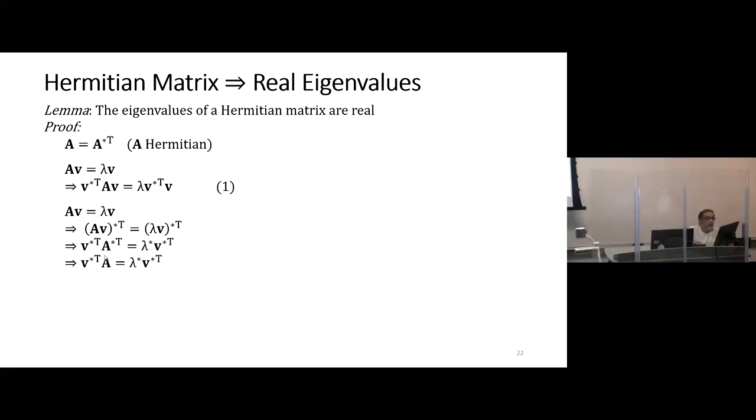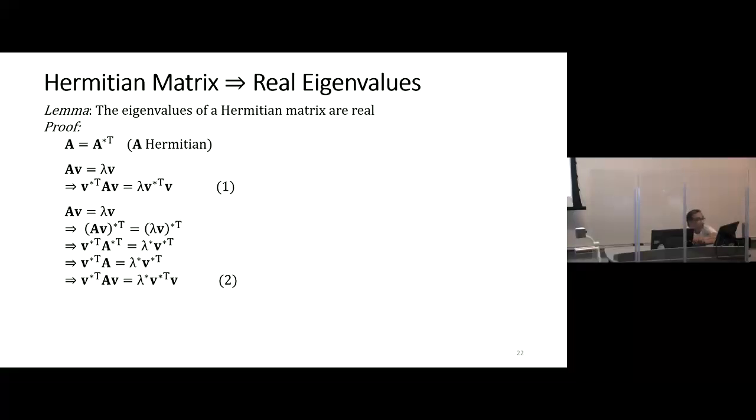Now since A conjugate transpose equals A, that's given, it's a Hermitian matrix, we end up with this. Now let me post-multiply both sides with V. So here I have V conjugate transpose AV equals lambda star, or lambda conjugate, times V conjugate transpose V. And this is my equation 2.